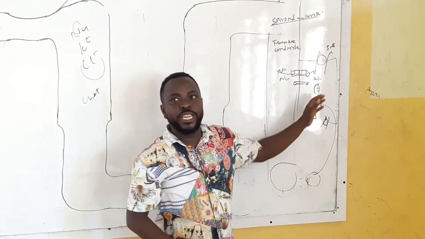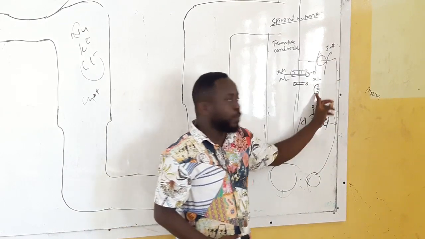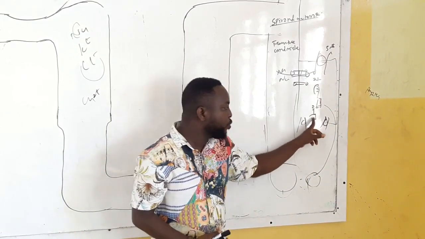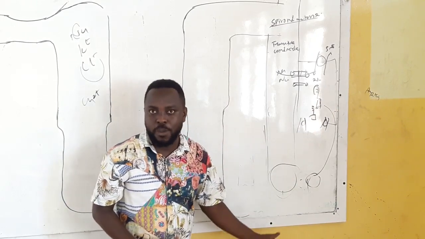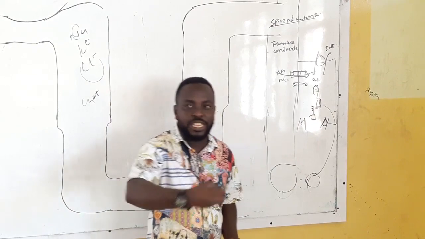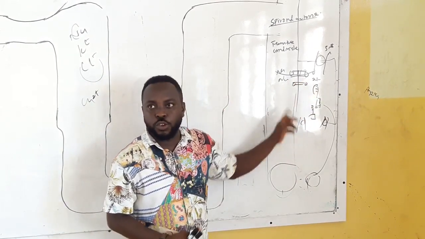But if the sodium going in is less, then we are not going to bring in much potassium into the cell. And when the potassium coming into the cell is less, then we are going to lose less potassium. So the potassium sparing diuretics help the body to retain potassium. And when we are retaining potassium, we are losing sodium.